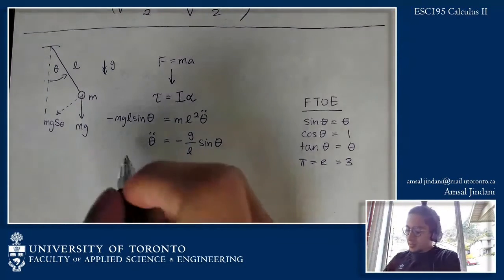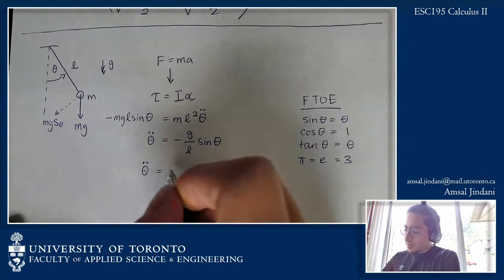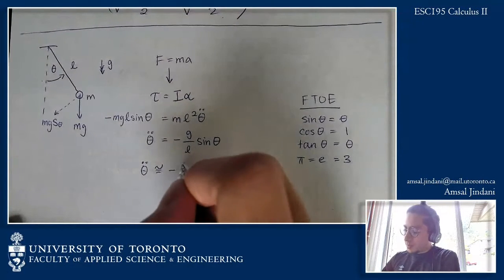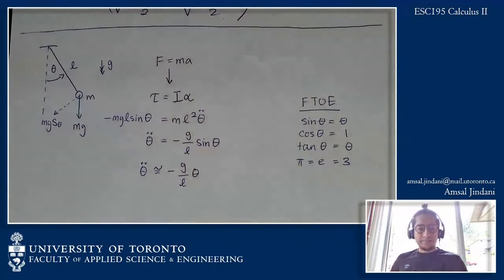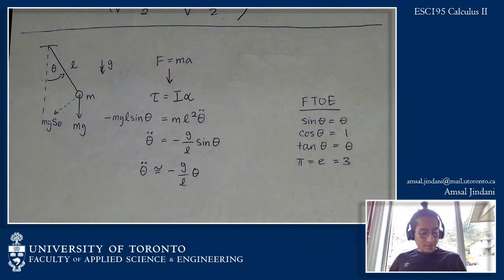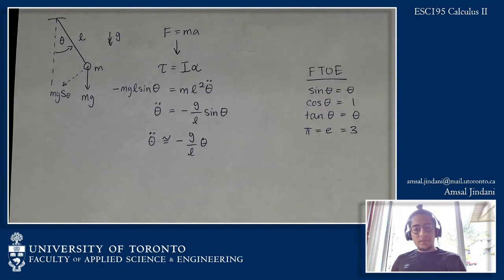And if you apply this, you get that the second derivative of the angle is approximately equal to minus g over L theta. And that's basically the equation of motion that everyone tries to integrate to find how theta varies with time. So we're going to do something similar in MATLAB where we're going to integrate this function.